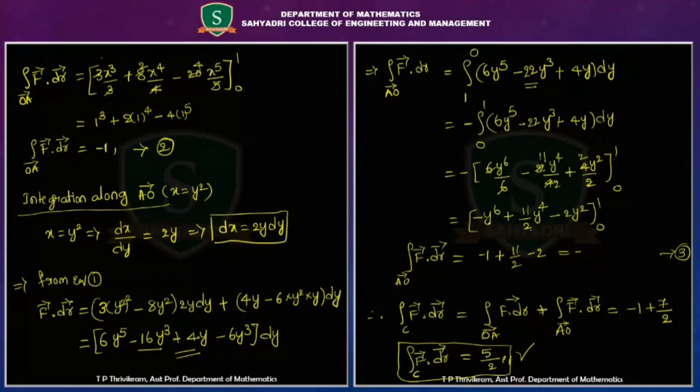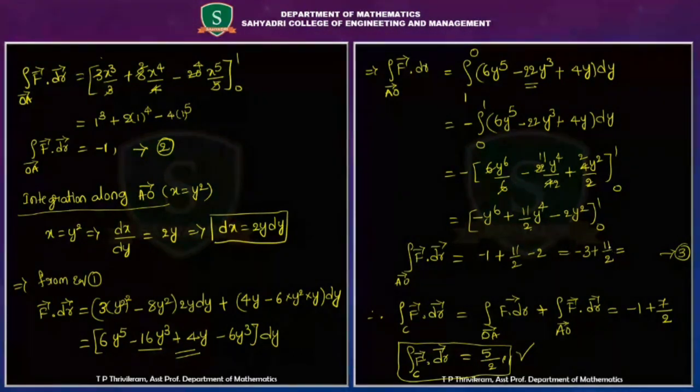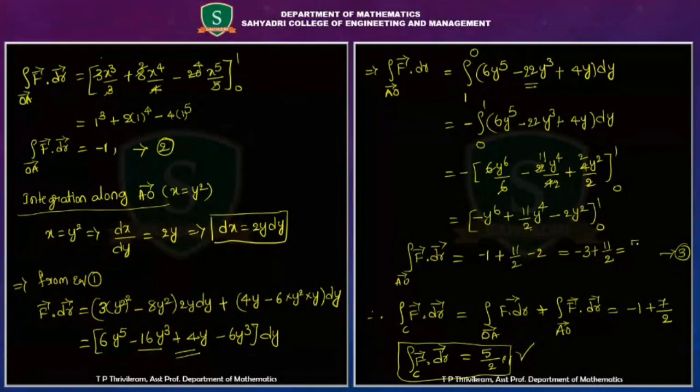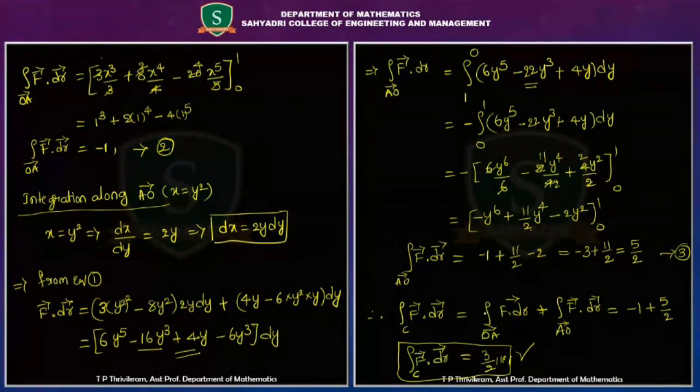Now substitute 1 again. So how much will you get? Minus 1 plus 11 by 2 minus 3. So minus 3 plus 11 by 2, how much? 5 by 2 here. If you substitute 5 by 2 here, 3 by 2 will be the answer. Now you'll get 3 by 2. Here also 3 by 2.